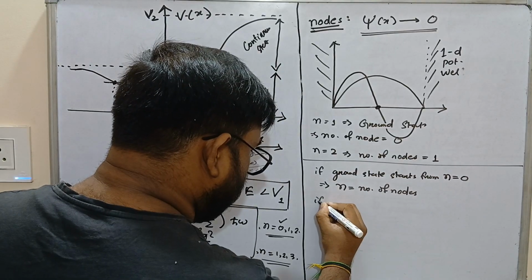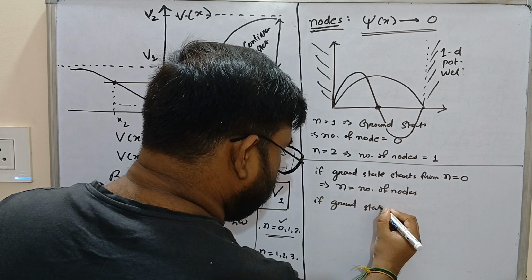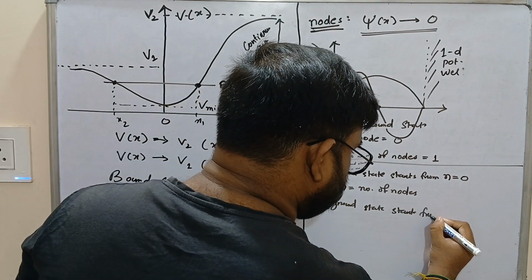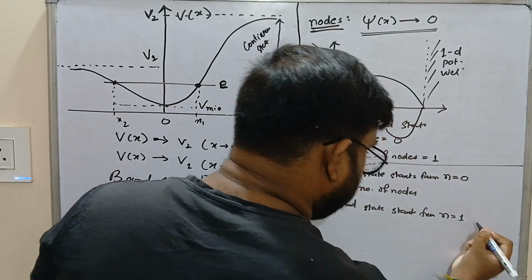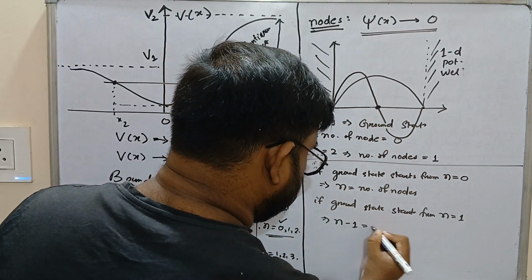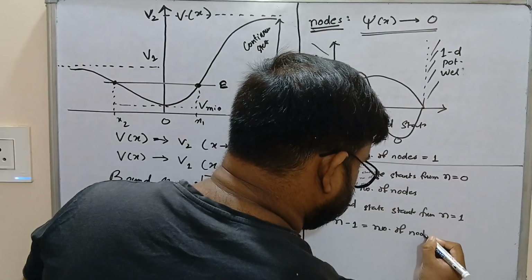But if the ground state starts from n equal to 1, that means n minus 1 equals your number of nodes.